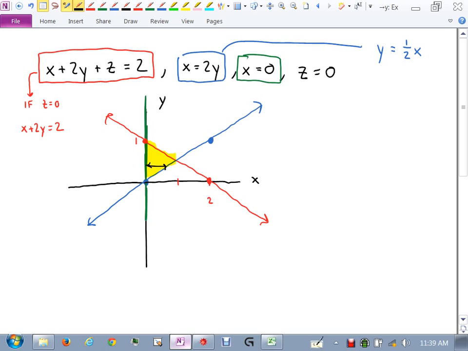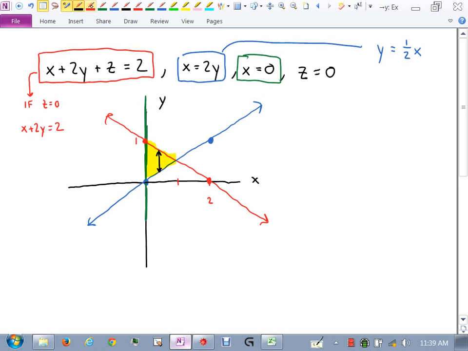Well, the blue one is on top of the green one, right? But then halfway through, what happens? It switches from the red one and the green one, doesn't it? But could we do that? Yes, we could. But wouldn't a type 1 be a little more efficient here? If we go type 1, then as we move left and right, we're always going to have the red on top and the green on bottom. Yeah?